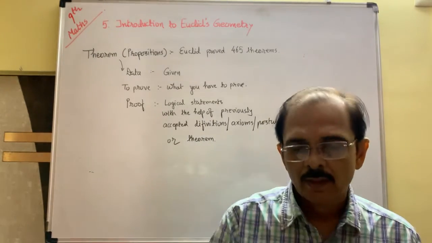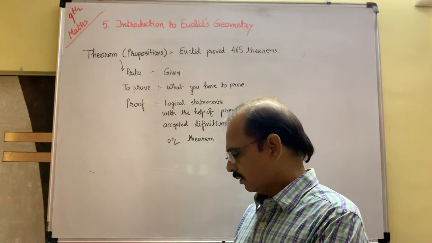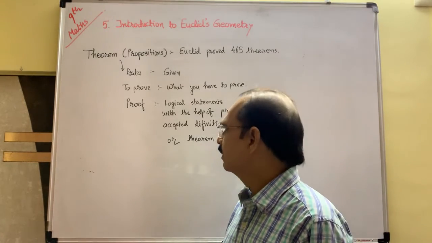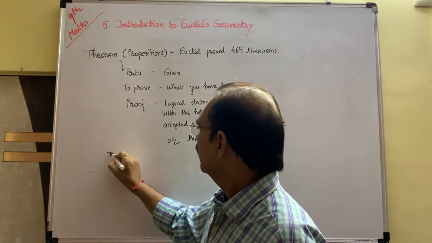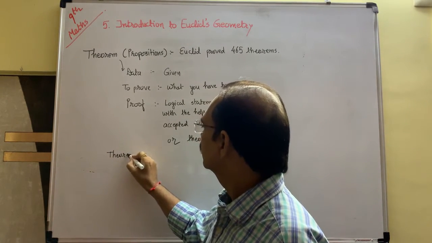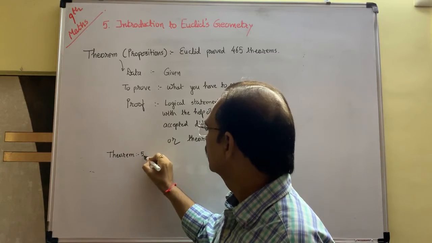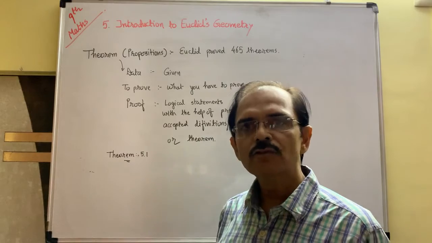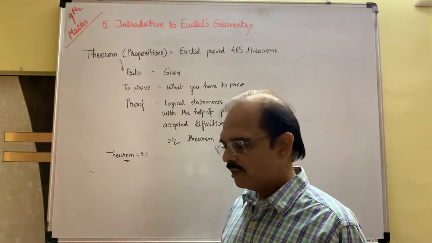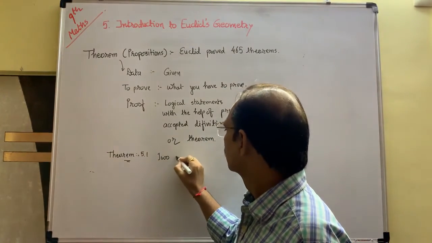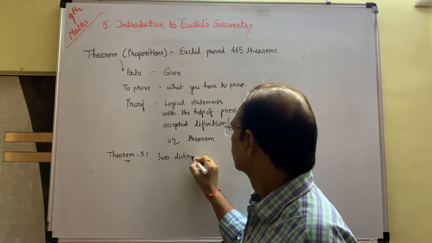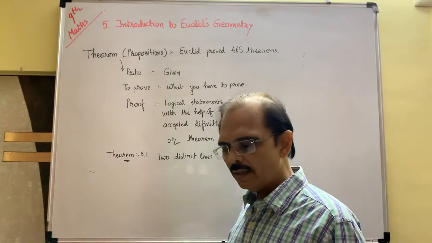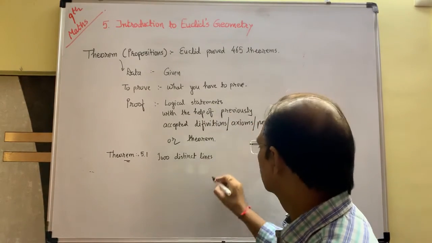Okay, now some examples are given, and then theorem number 5.1, chapter number 5. This number is not given by Euclid, it is given by us. So the number is not important, remember. Two distinct lines cannot have more than one point in common.